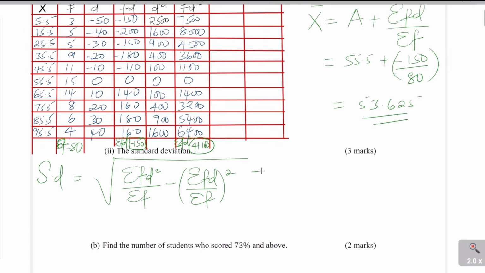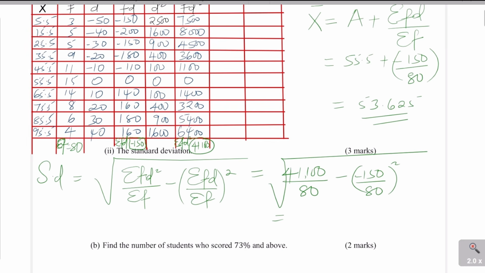So now we have the summation of FD squared, which is 41,100, divided by summation of F, which is 18. Subtract summation of FD, which is here, -150, divided by summation of F. Then you square that, and you get the square root.